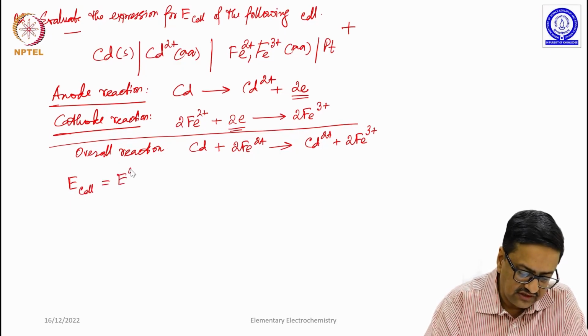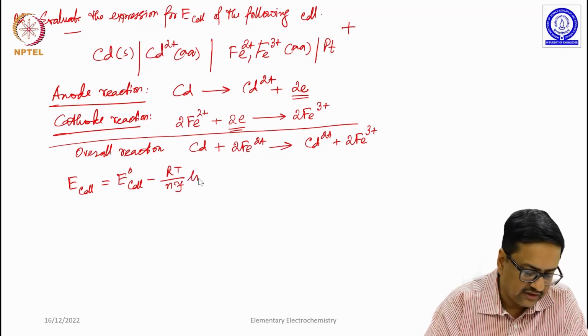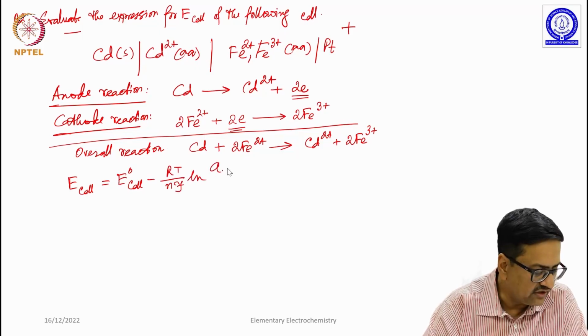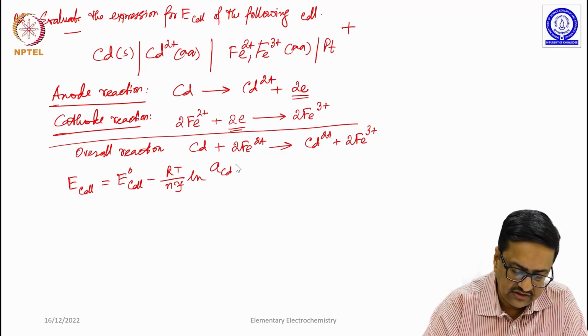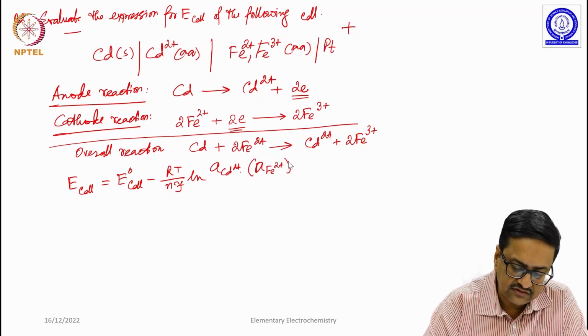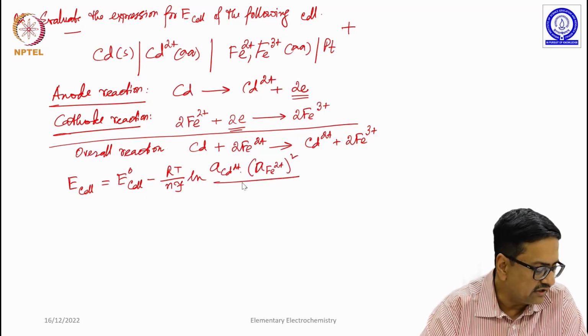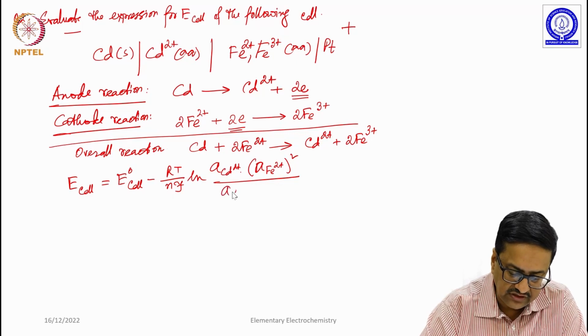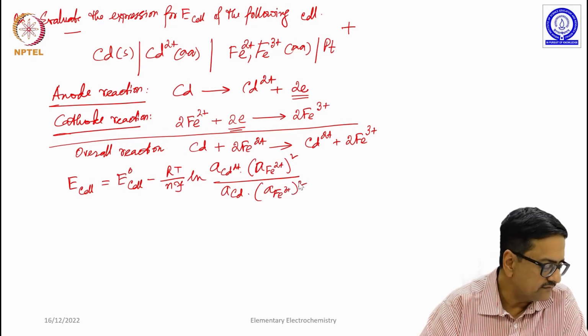Right? So we can write E cell as E0 cell minus RT by NF ln of the activity of Cd2 plus into the activity of Fe2 plus squared, divided by the activity of Cd into the activity of Fe3 plus squared.